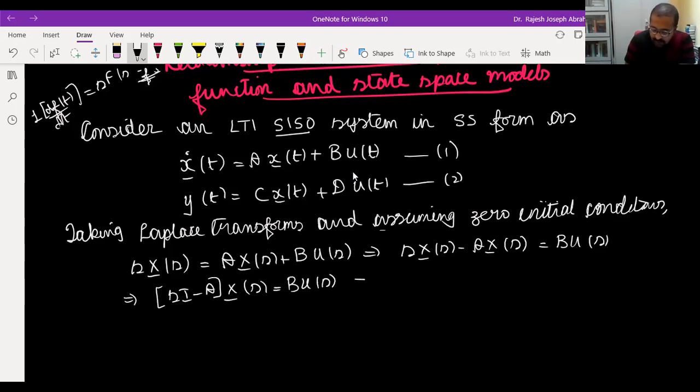X of s is common, so we write (sI minus A) X of s equals B U of s. Why I? Because A is a matrix, and I is the identity matrix. So X of s equals (sI minus A) inverse B U of s. This is equation 3.